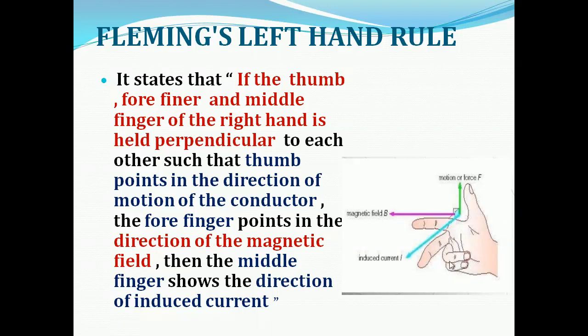The forefinger points in the direction of the magnetic field and the middle finger points in the direction of the current. This is about Fleming's left hand rule.